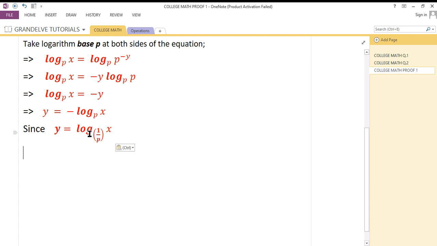We should put this whole expression in place of the y to make sure that our proof is successful. So putting the expression in place of y, we now have log x base 1 over p equal to negative log x base p as required.